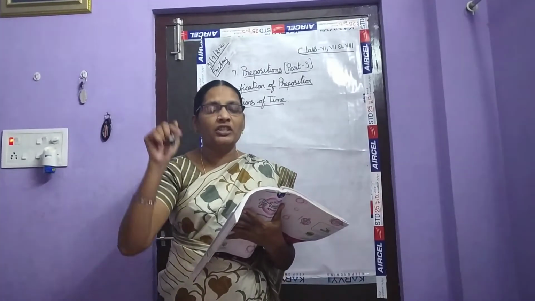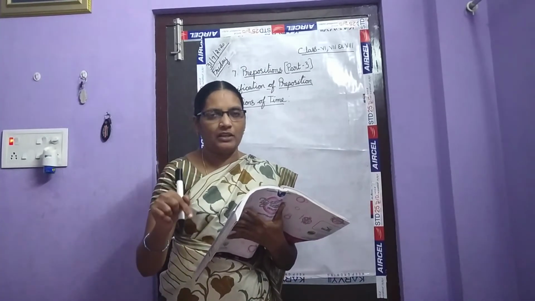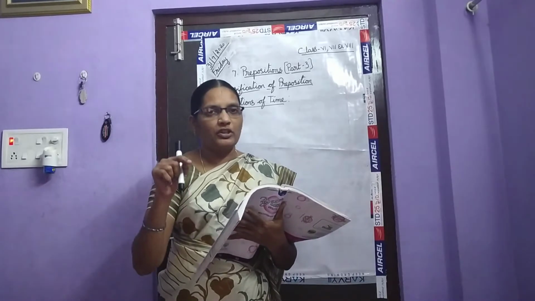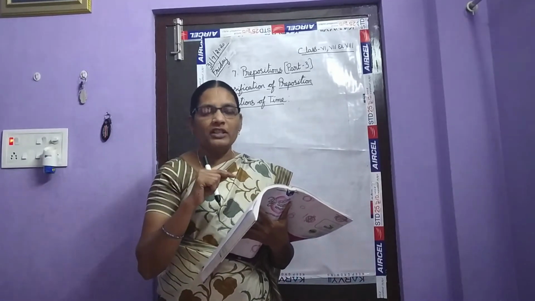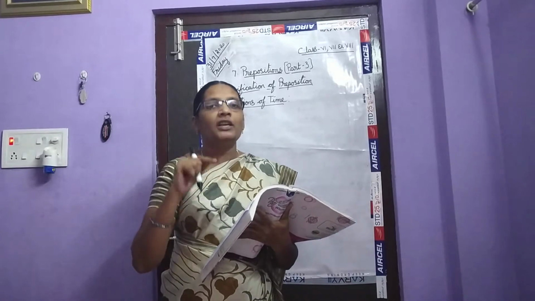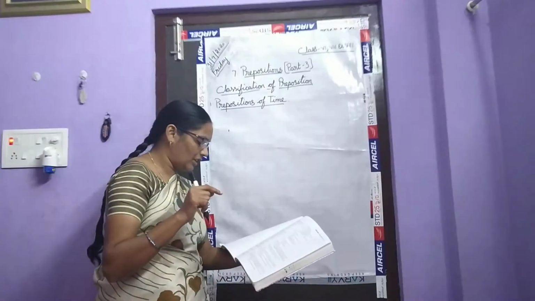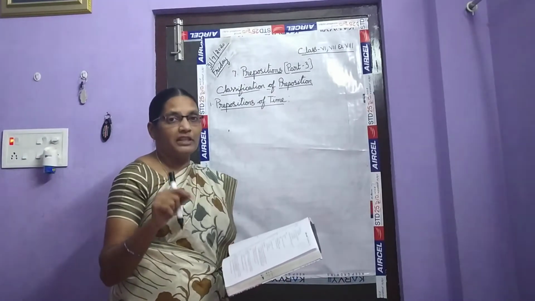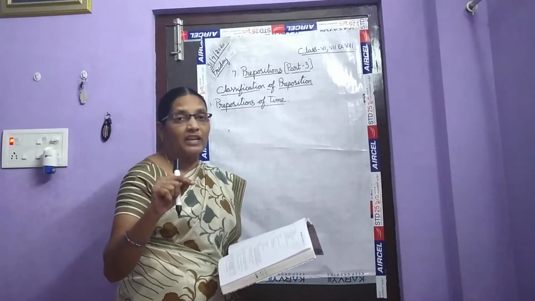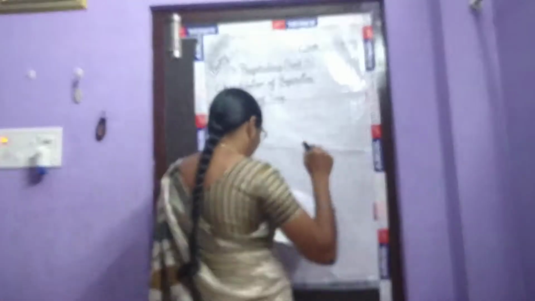They are used with the words expressing time to denote when an action has taken place. So, at which time the action has taken place, it is called a preposition of time. What is this first category of preposition, children? It is a preposition of time.